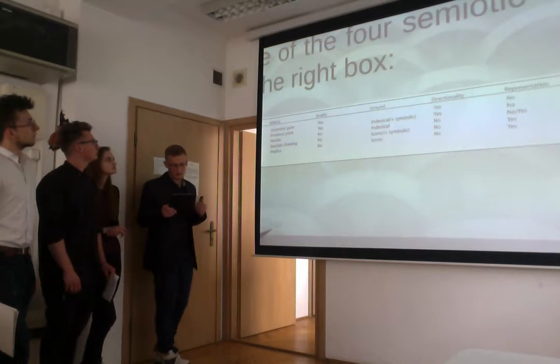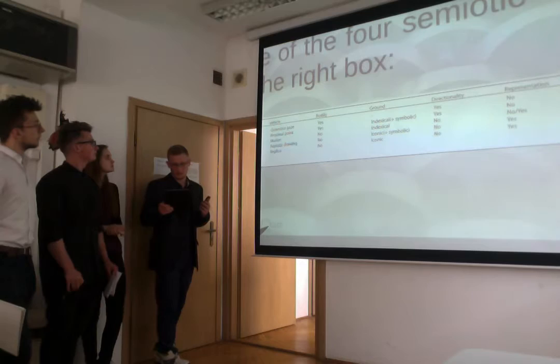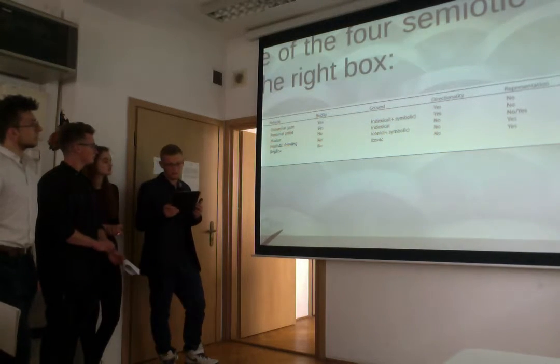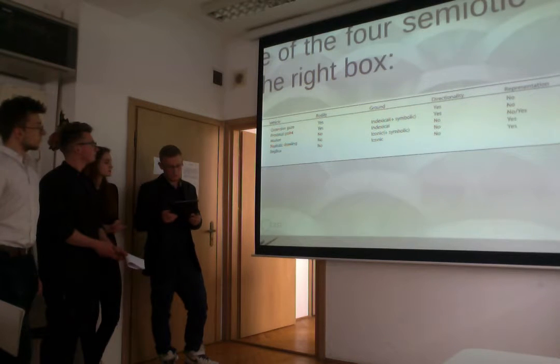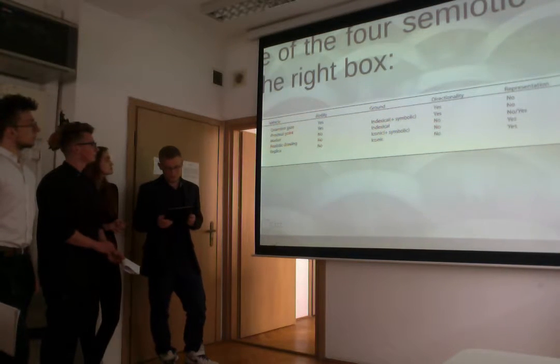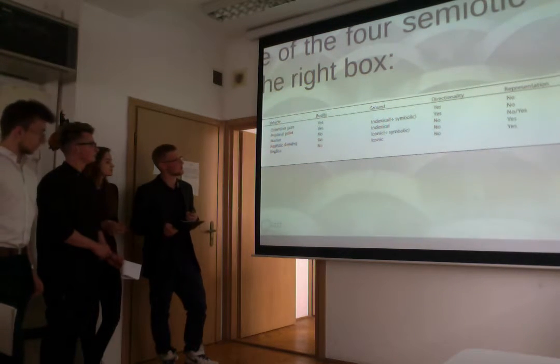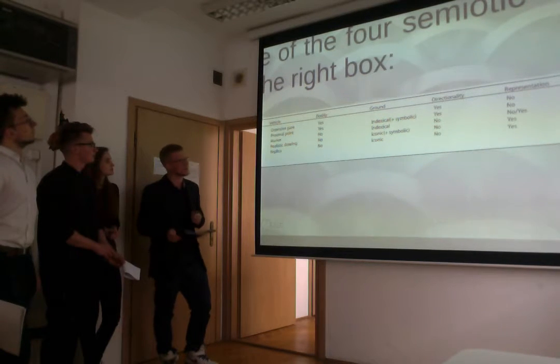A realistic drawing, where the helper holds a realistic drawing of the right box above the center of the table, and a replica, when the helper holds an identical replica of the right box above the center of the table.